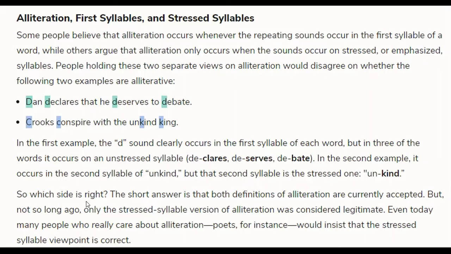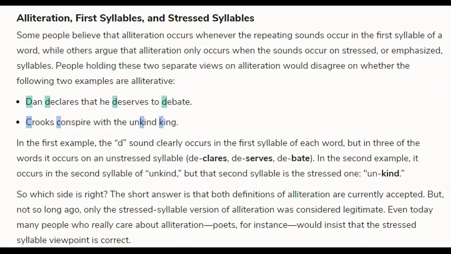So which side is right? The short answer is that both definitions of alliteration are currently accepted. But not so long ago, only the stressed syllables version of alliteration was considered legitimate. Even today, many people who really care about alliteration, poets for instance, would insist that the stressed syllable viewpoint is correct.